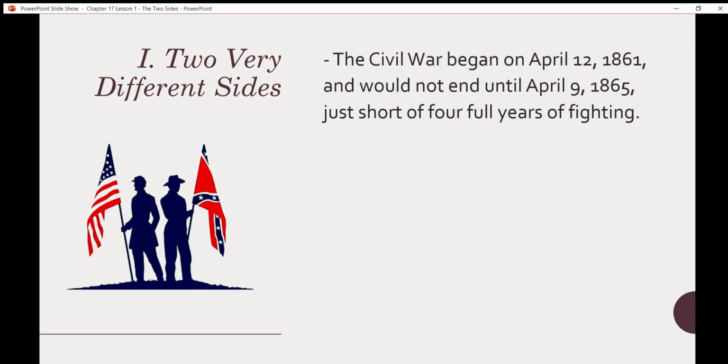A little bit of information about the Civil War, since this chapter is entirely dedicated to that very important time period in American history. The Civil War began on April 12, 1861, and would not end until April 9th of 1865. This is almost exactly 4 full years of fighting, so historians round it to a 4 year war.